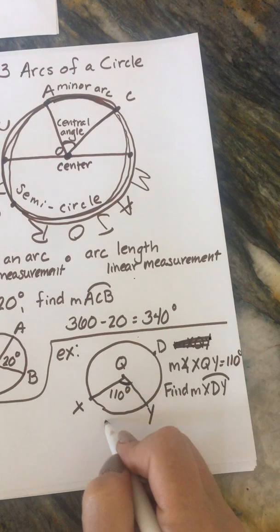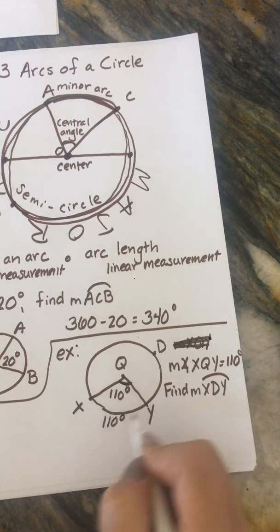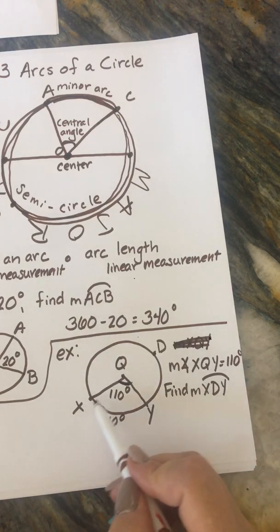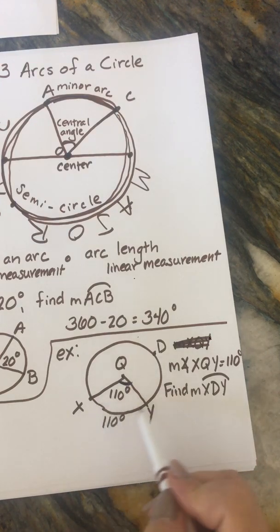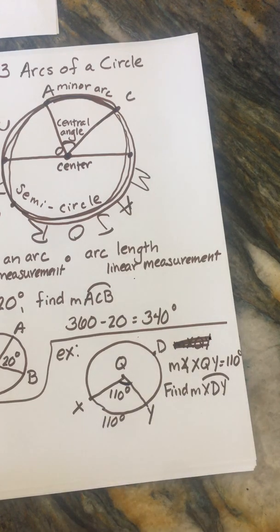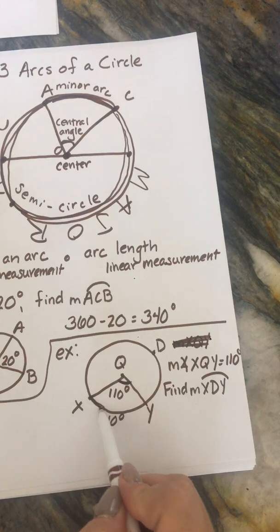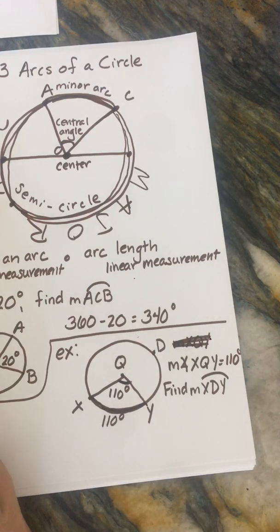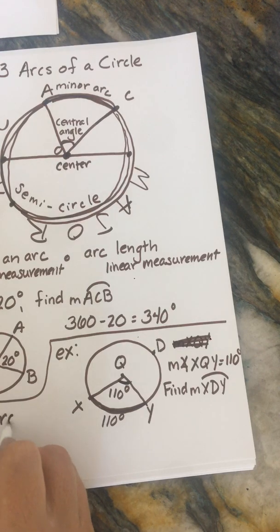It's also 110. The central angle and the measure of the arc are exactly the same. So the central angle and this arc here are exactly the same measurement. This is called the intercepted arc.